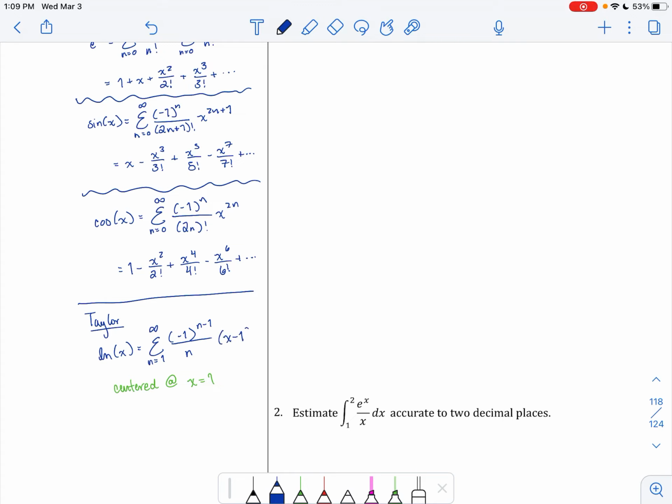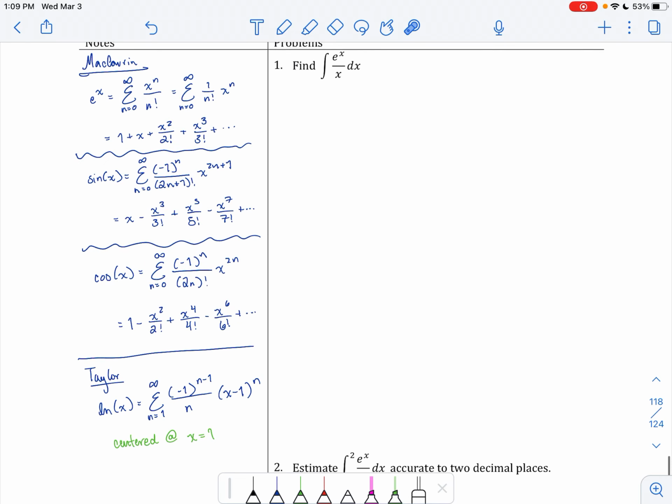And then x minus 1 to the n. And this is why we start at 1: if I plug in 1 here, it becomes 0. So you can start at 0, but the first term of this series is ln of 1, which is 0, and that's the only reason that it starts at a slightly different point. And centered at 1, so we see that.